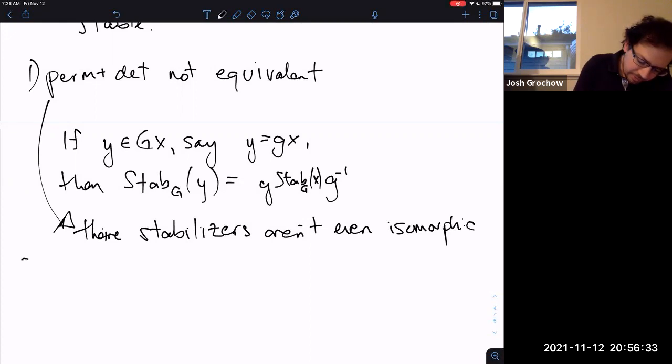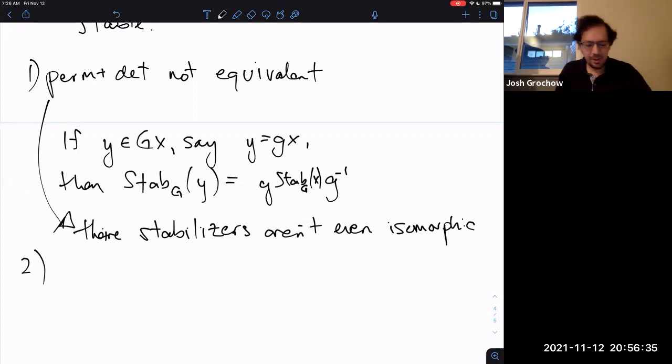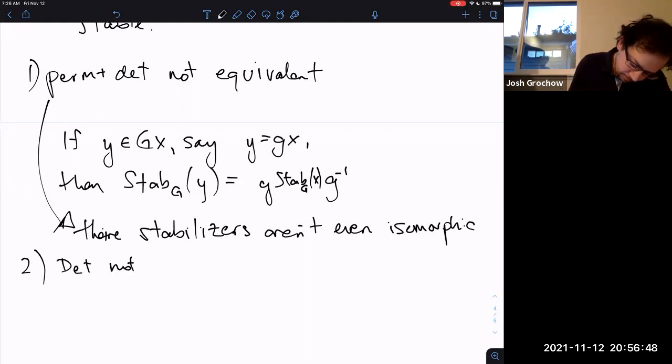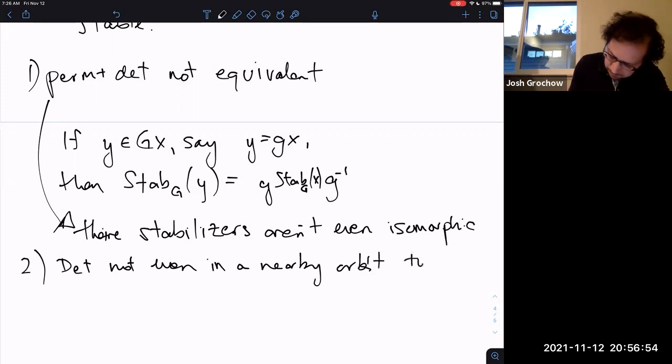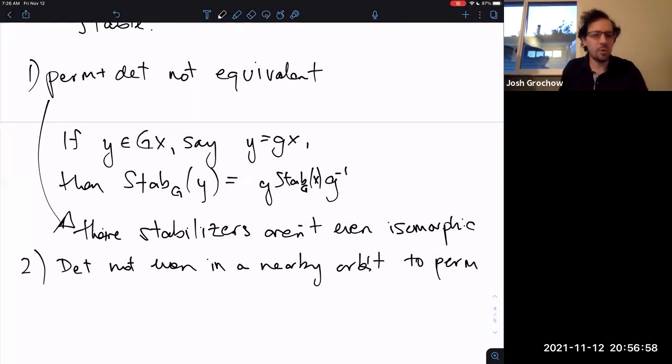But the second thing is that what we get from stability from Luna's étale slice theorem is that the determinant is not even in a nearby orbit. Or maybe more precisely, that there's a neighborhood of the permanent orbit that does not contain the determinant.